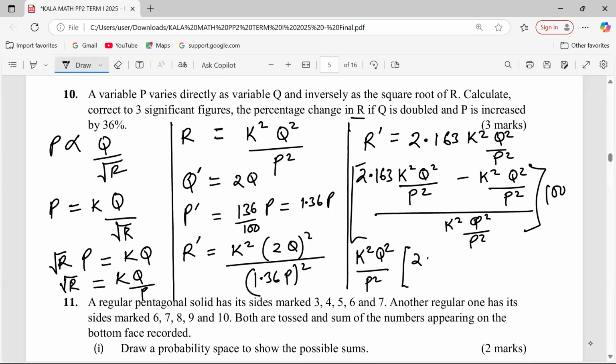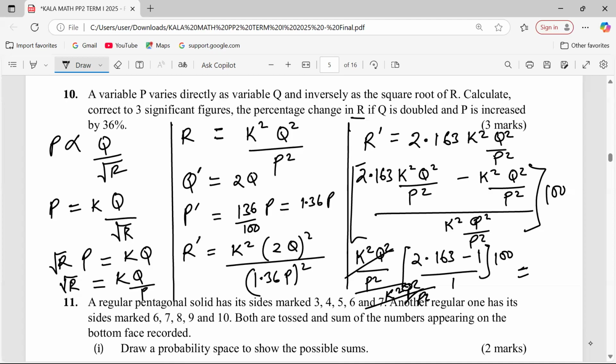Then this is 2.163 minus 1, then times 100. We are dividing by 1 because we have also factored K squared Q squared over P squared, so that it cancels with what we have on the numerator. The percentage change shall be, we subtract 1, then express as a percentage.